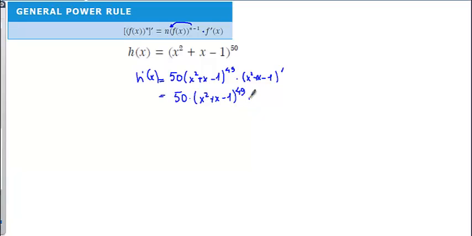The power was 50, 50 minus 1 is equal to 49. What is the extra part here? This is the normal derivative rule: the power comes in front and you decrease the power. The extra part is the derivative of the inner part, x squared plus x minus 1. Then it's equal to 50 times (x squared plus x minus 1) to the power of 49, times the derivative: x squared gives 2x, the derivative of x is 1, and the derivative of 1 is 0 and is not written. This is the derivative result.